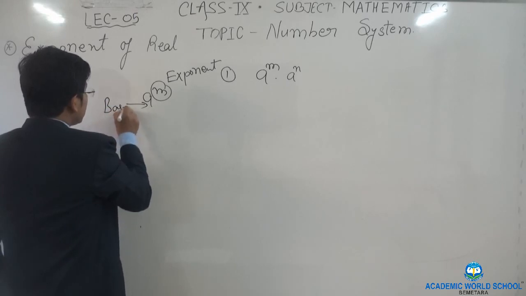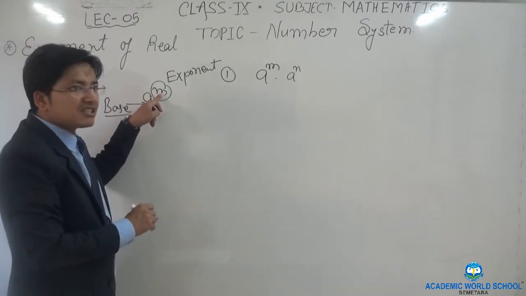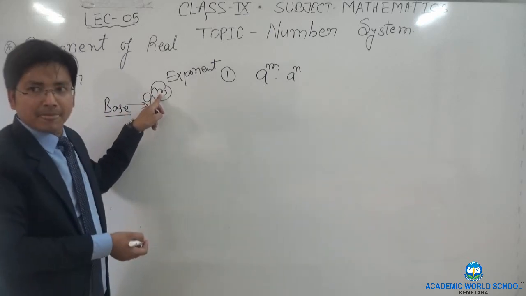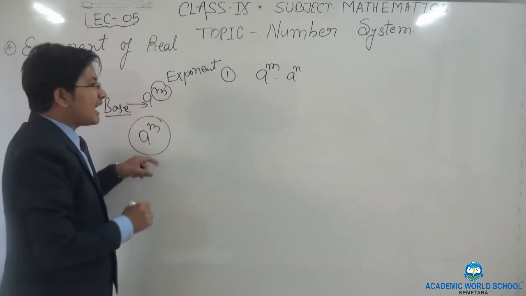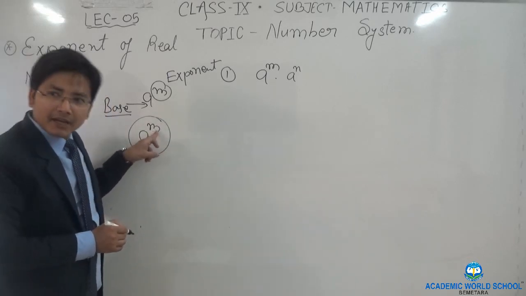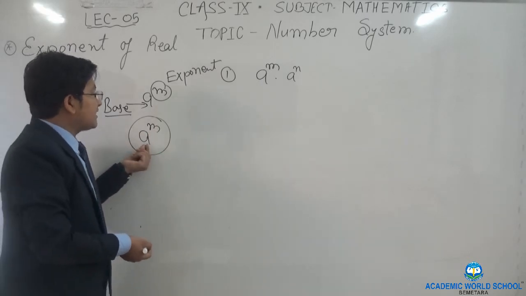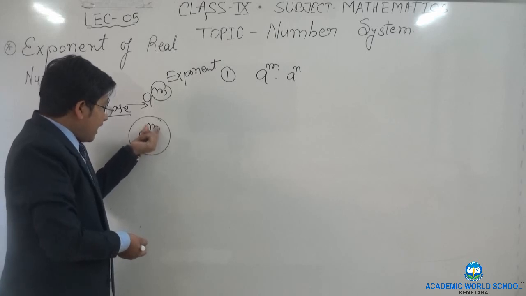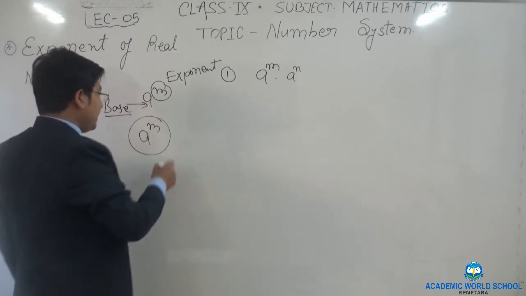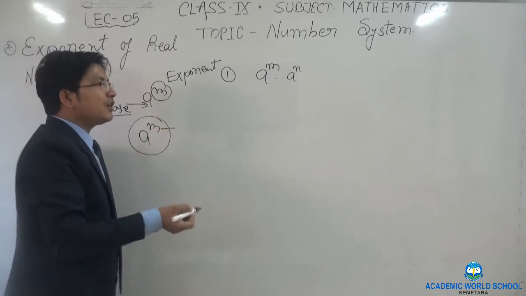This a is base and this m is the exponent of a. So if I am writing a m, I can read this as a to the power m, or I can read this as exponent of a is m. Exponent or index of a is m, so we can say exponent, power or index.